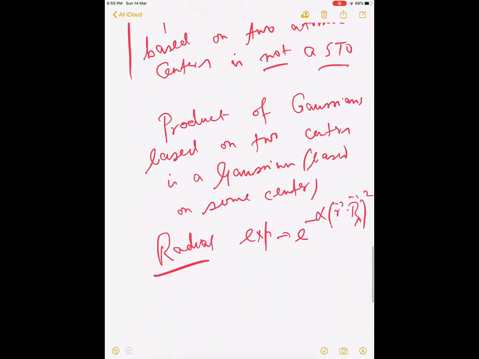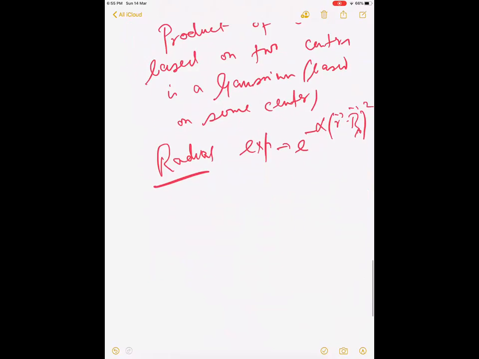I can call it zeta, I can call it alpha. Since I'm using alpha, I call it RA. But the important difference is that this is squared. So basically, if this is the origin, the Slater and the Gaussian differ in a very simple manner. If this is the origin, this exponent is 1, then very simply, this is Slater, this is Gaussian.